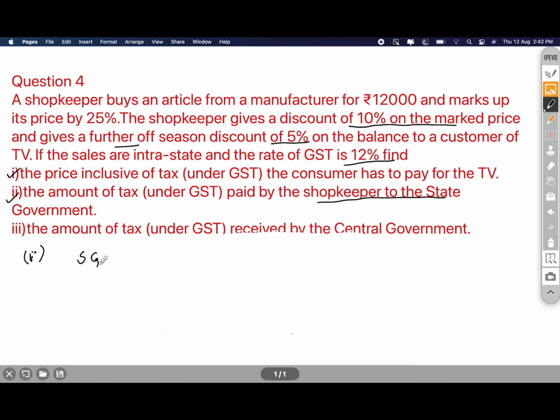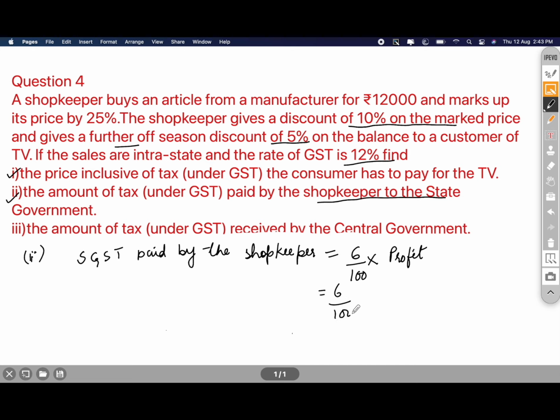So SGST paid by the shopkeeper will be, you can see here it is 12% GST, so for the state government, only 6% of the profit. Right. Now profit means selling price minus cost price. In the very first step, I had written what was the cost price and we calculated the selling price also.